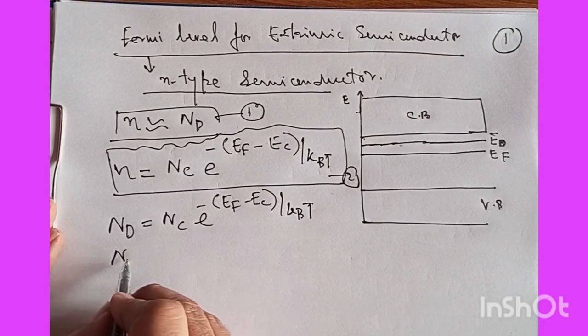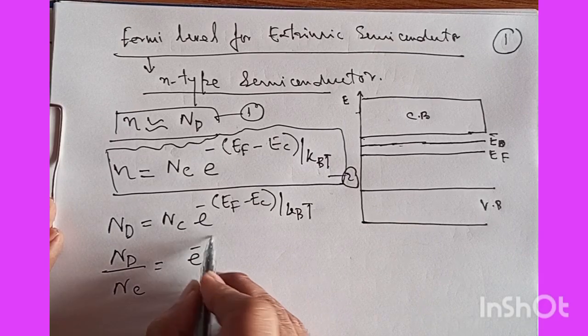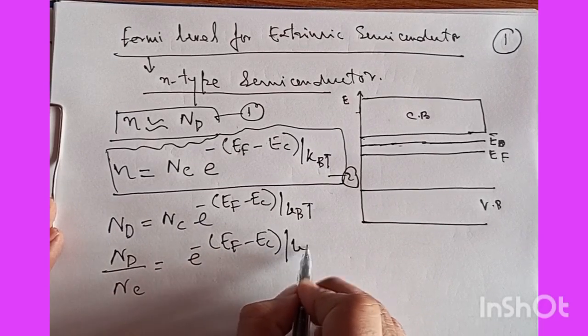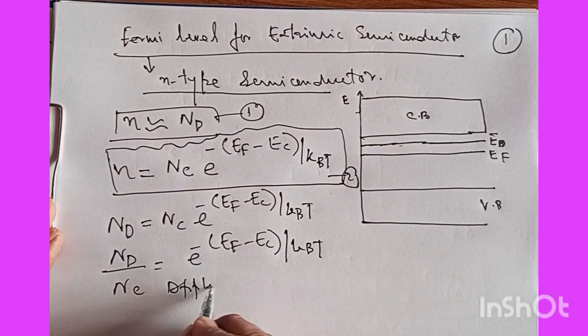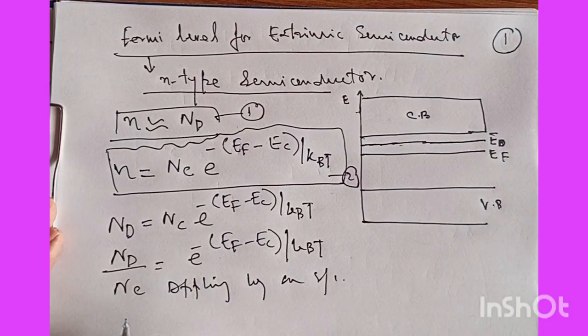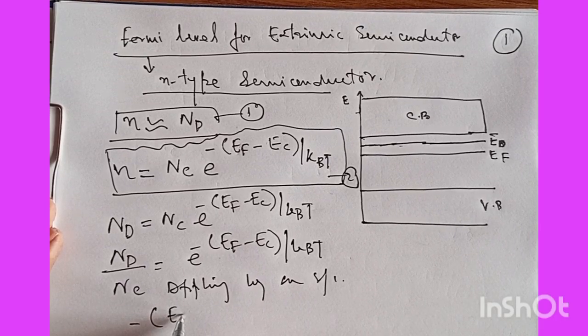Now we can have more simplifications. Nd by Nc is e to the power of minus (EF minus EC) by kBT. Now we can apply log on both sides.